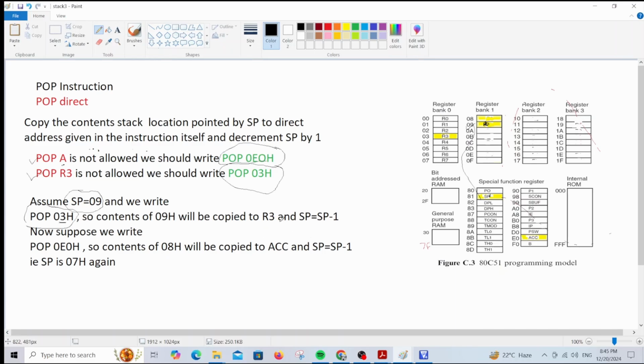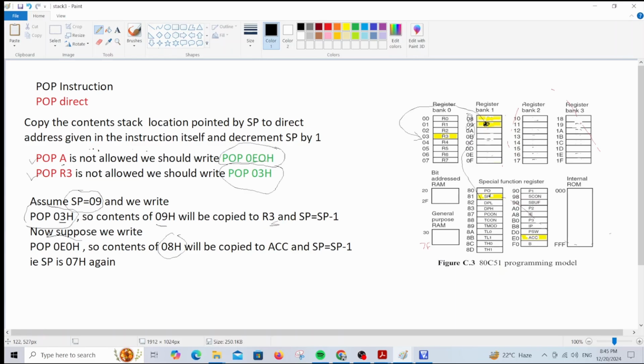Now what is 03? 03 is R3. So the contents will come into the R3 register, and the stack pointer will decrement. It was 09 initially. Now it will become 08. So the stack pointer will point to this location because you have popped from the top of the stack. Now it will decrement. It will show 08.